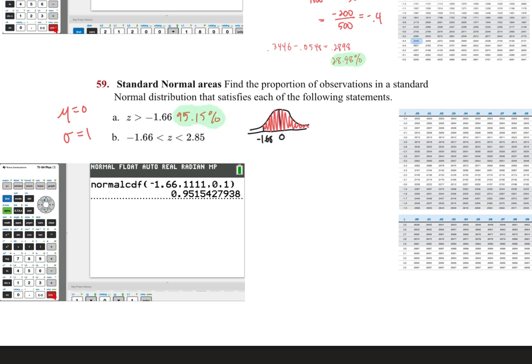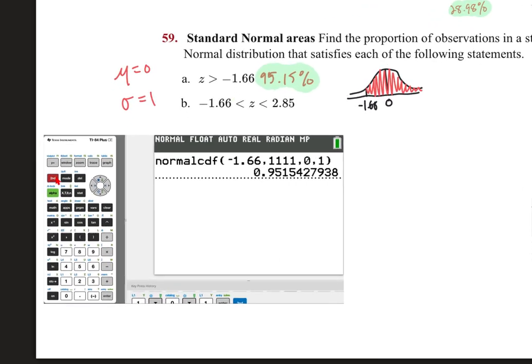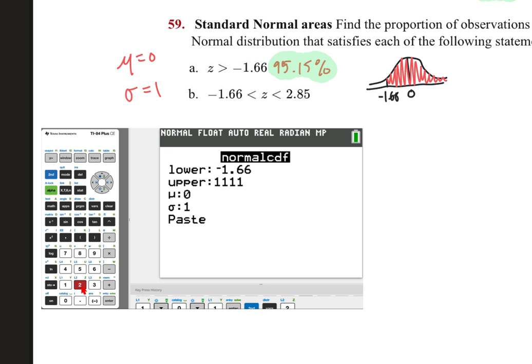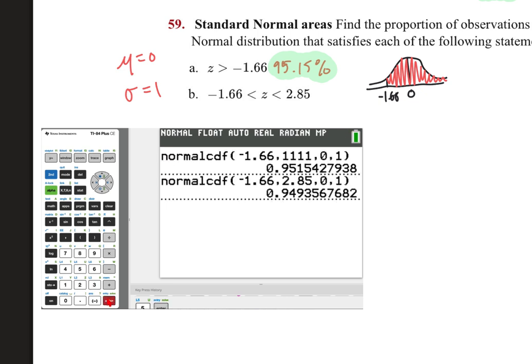Okay, and then part B, so we'll do the same thing. Second vars. Keep that same lower, but because we want to go in between that and 2.85, we'll just do 2.85 for our upper. Enter. Okay, so not much different. And actually I should have drawn a graph for that one.